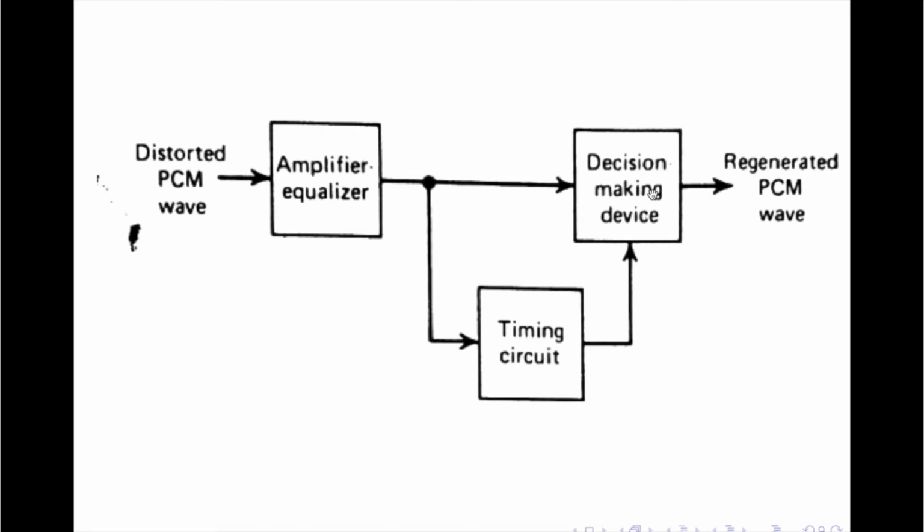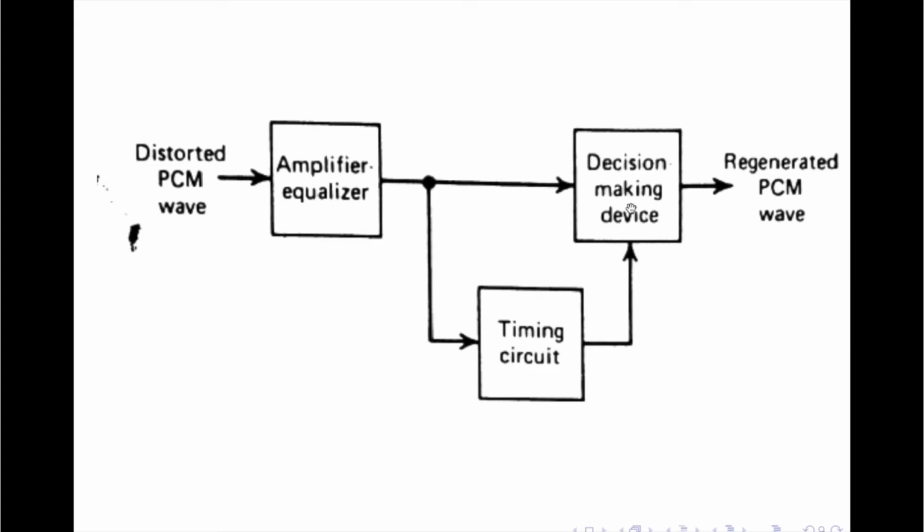If the pulse amplitude is greater than the threshold value, then the decision is made in favor of symbol 1 and vice versa. Since we have considered a binary PCM system with on-off signaling scheme, the repeater makes a decision in each bit interval indicating either the presence or absence of a pulse.